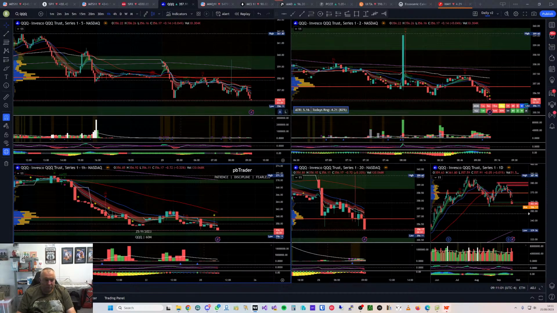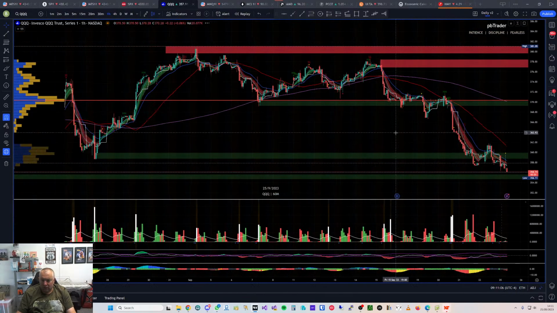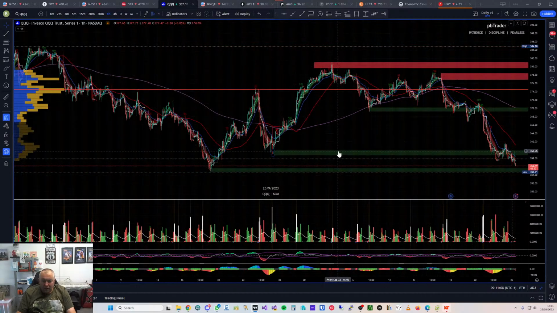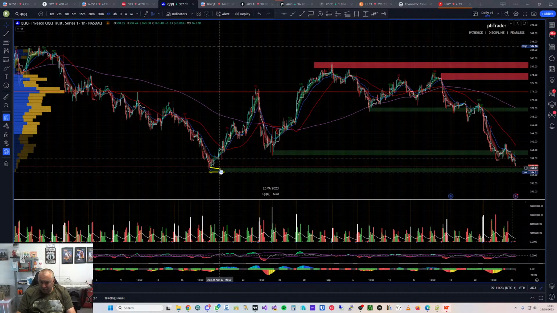Just looking at QQQ. So we've got this big area here. Last time we came down to this area, we saw a big reaction back up. So potentially this is a higher probability bounce area, and we're looking at 355.50 area through to 354.50.